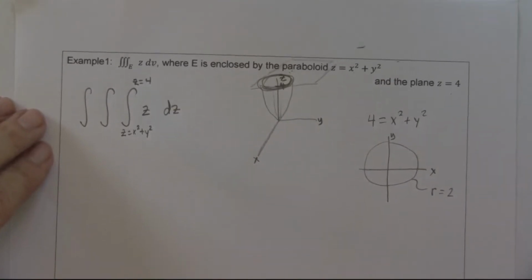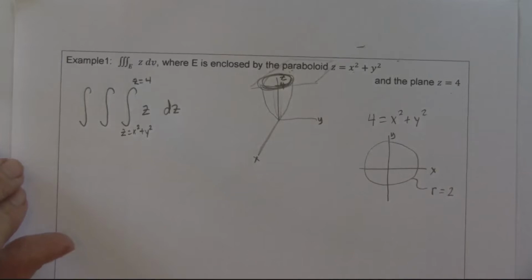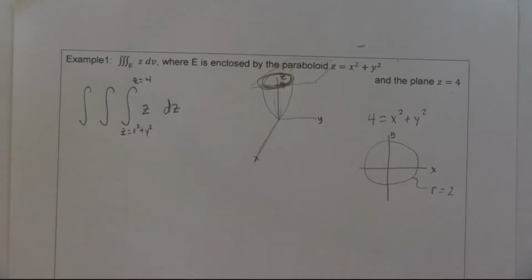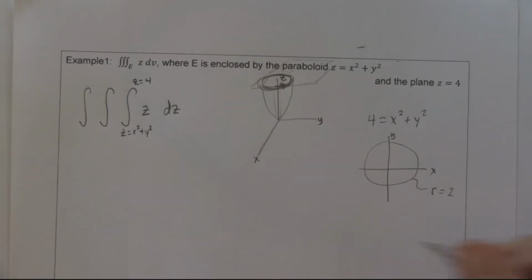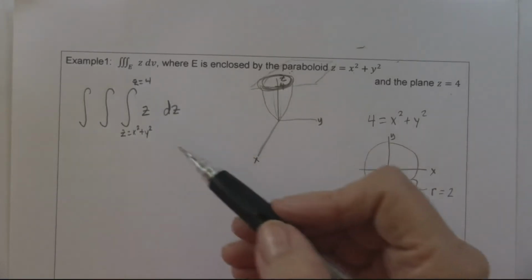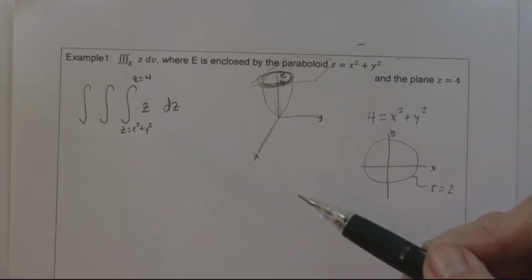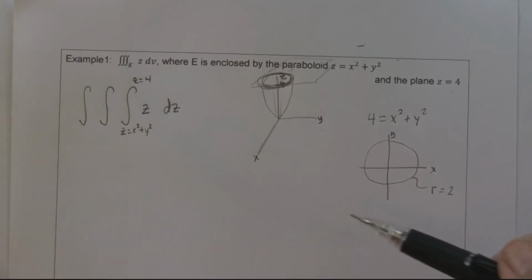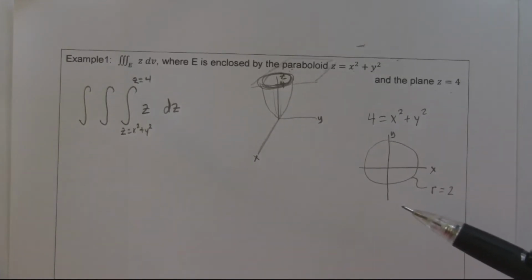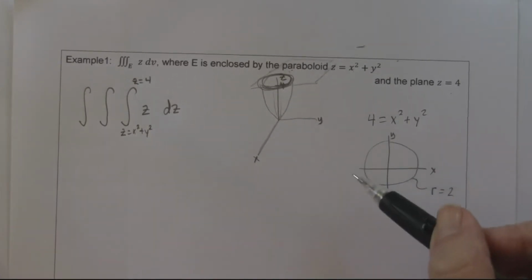And that tells me that I've already got this set up for z, but as I go to set up x and y, you better use polar because you have a circle here.